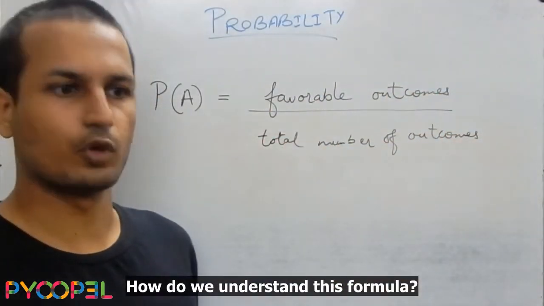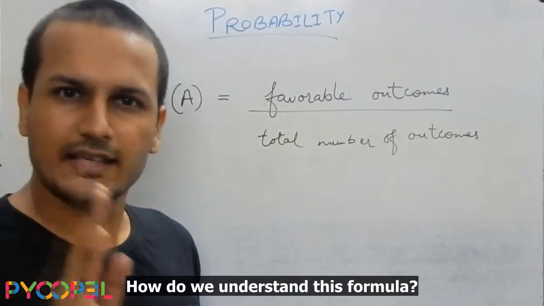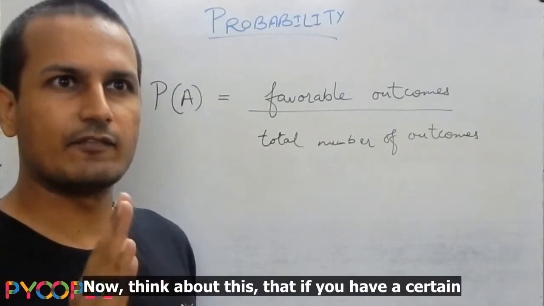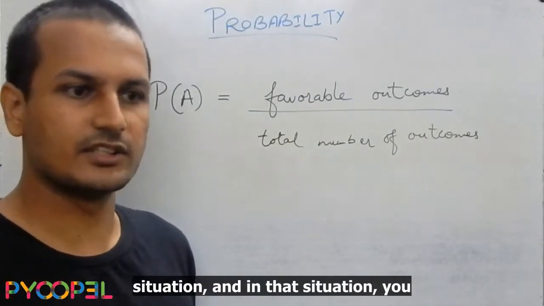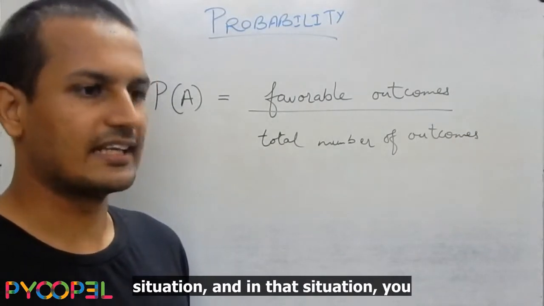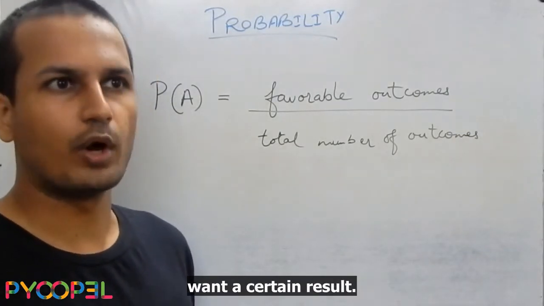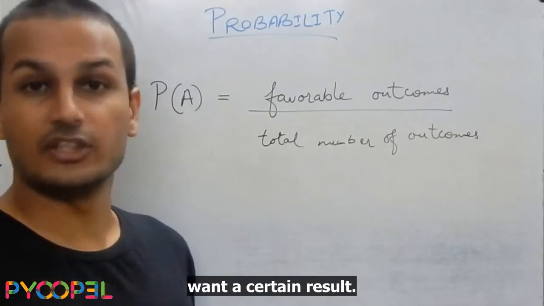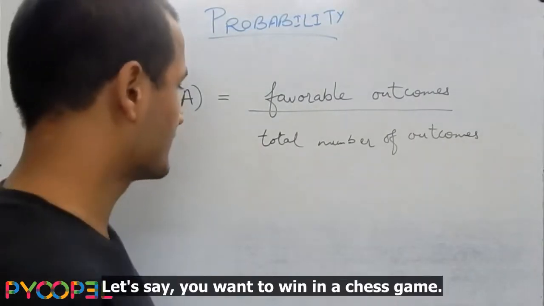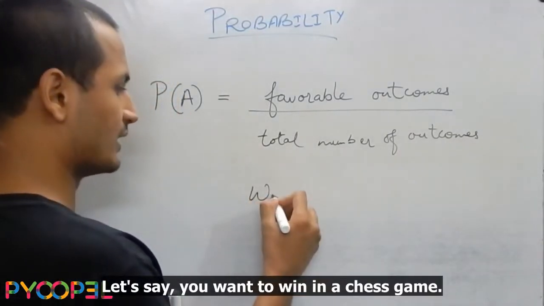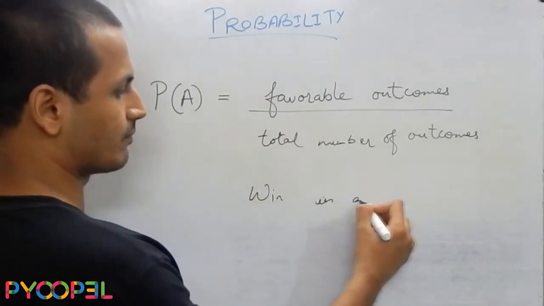How do we understand this formula? Think about this: if you have a certain situation, and in that situation you want a certain result. Let's say you want to win a chess game.